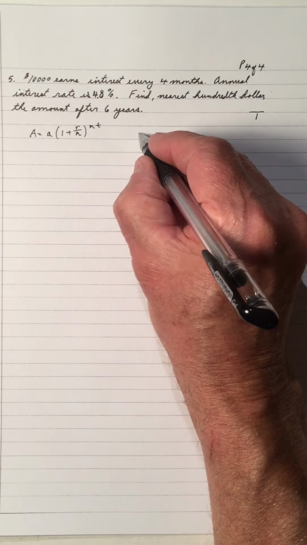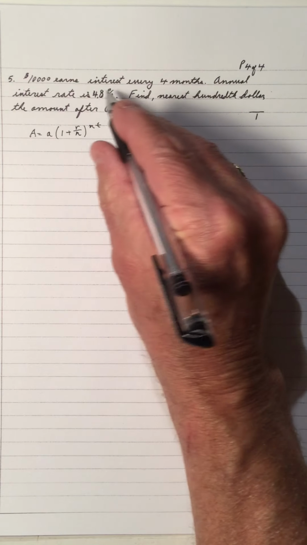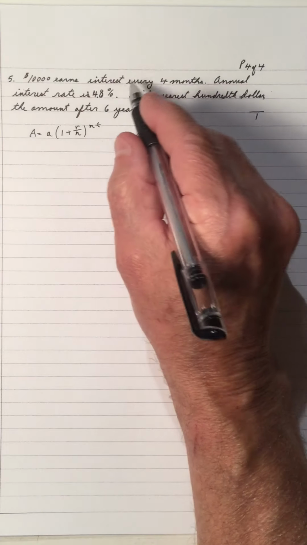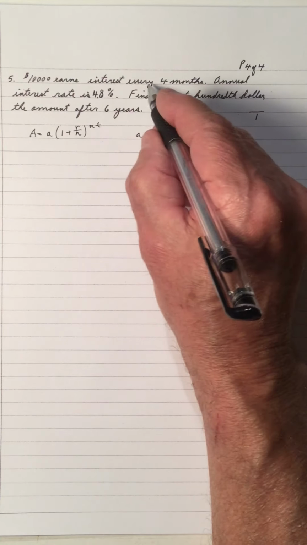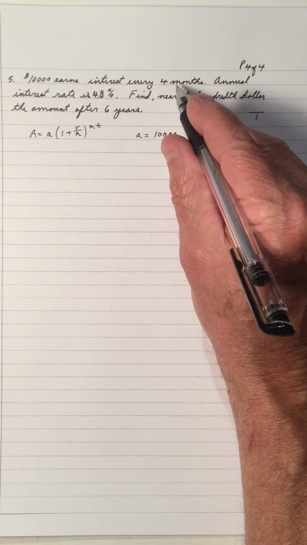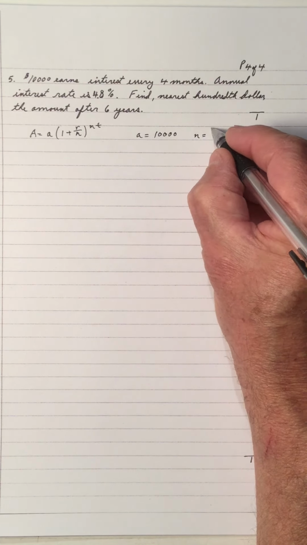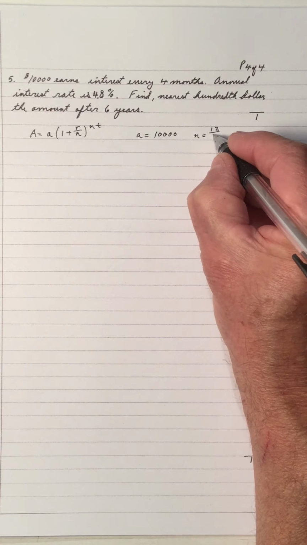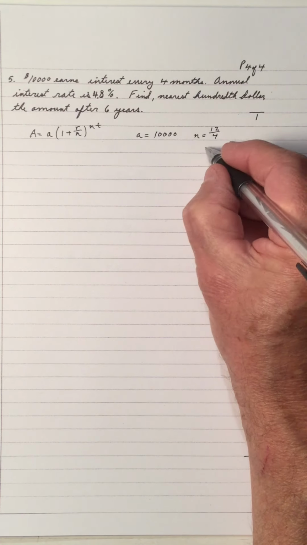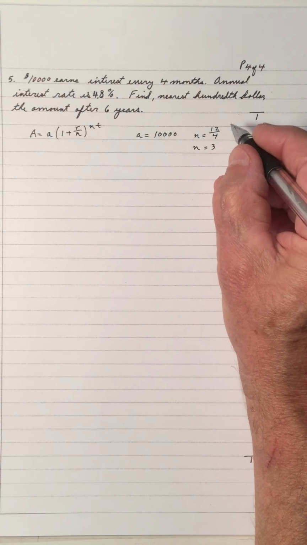So the initial amount is 10,000. The interest is every 4 months. So we want to find, if it's done every 4 months, how many times a year is it done? So the number of times is 12 months divided by 4. So that means the number of times it's calculated during the year is 3.